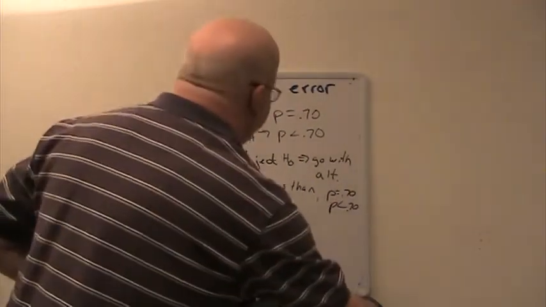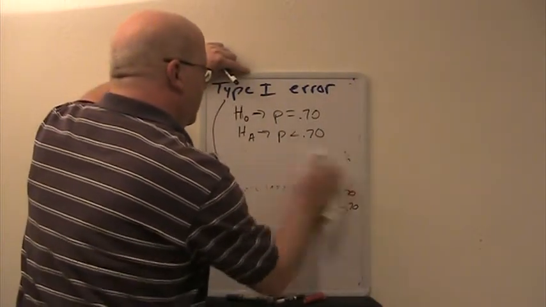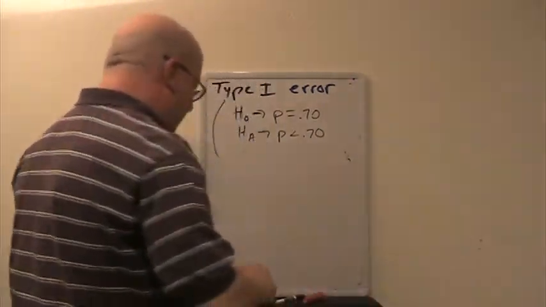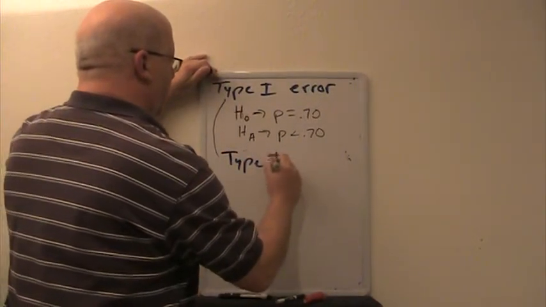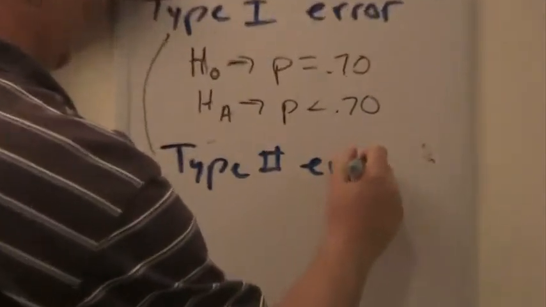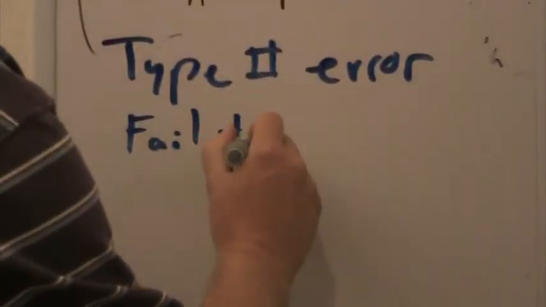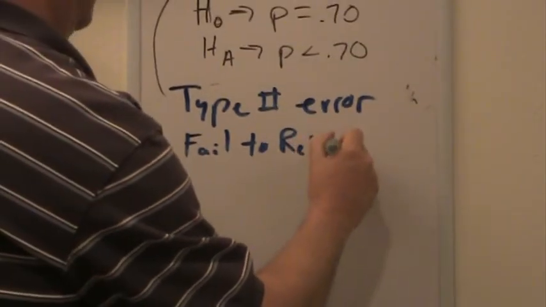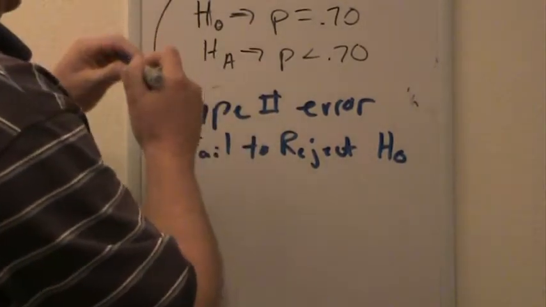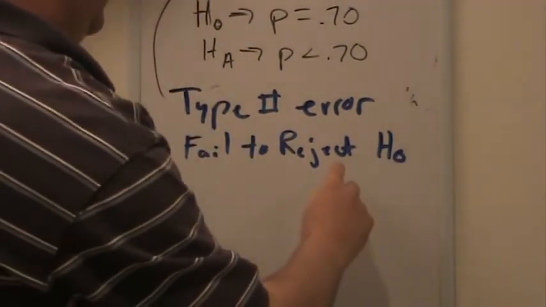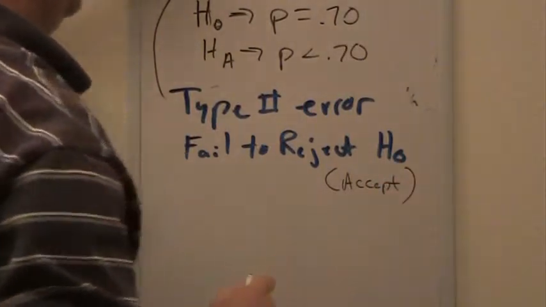Now let's go to type 2. Type 2 error: we fail to reject the null, H0. In other words, in small print, we accept the null.